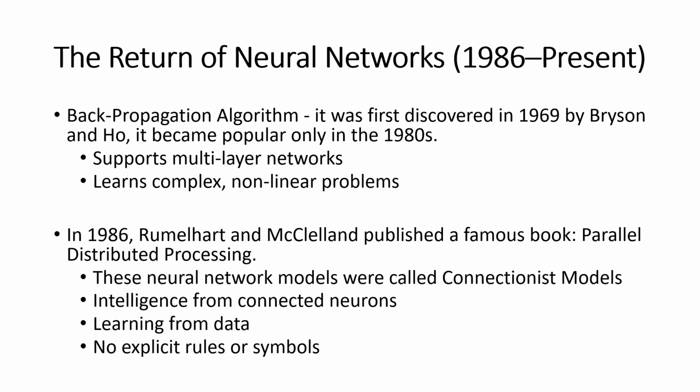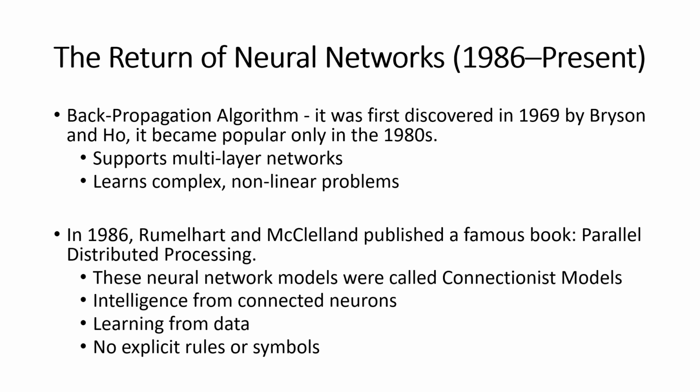Next is from 1986 onwards. We already know that neural networks existed earlier, but they failed in the 1960s because they couldn't learn complex patterns. But in the mid 1980s, neural networks came back strongly. The key reason for this is the backpropagation learning algorithm.